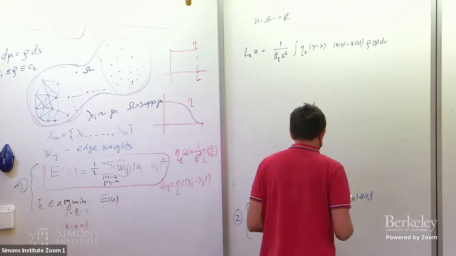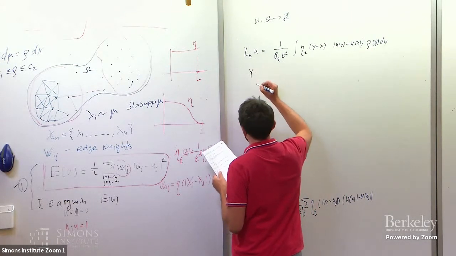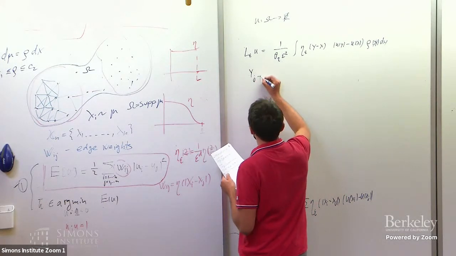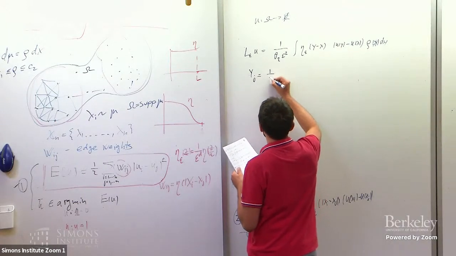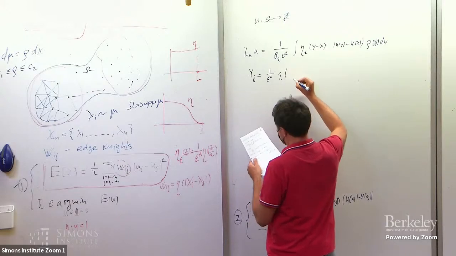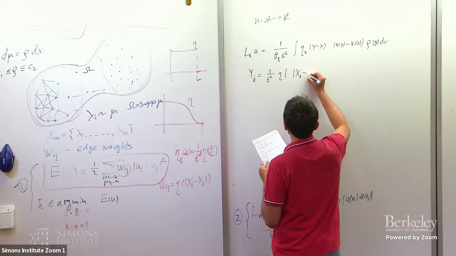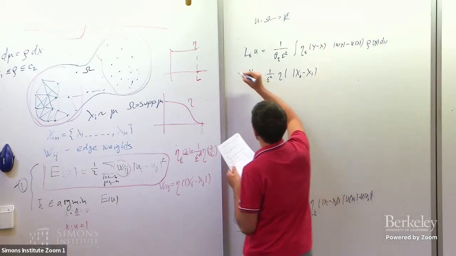Okay, so if you define variables y_j, let's forget about sigma for a second, but I just define this to be eta of x_j, x_i. So in this case, i is fixed.